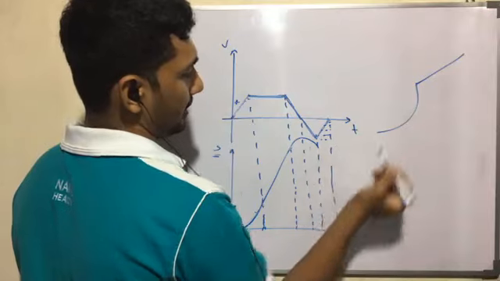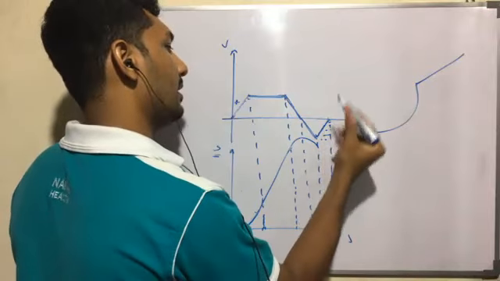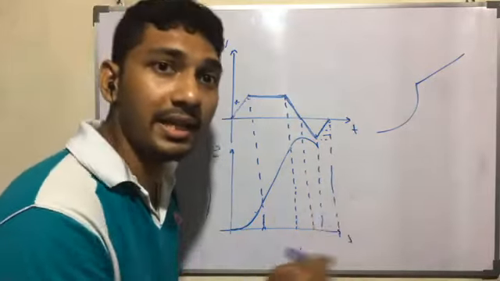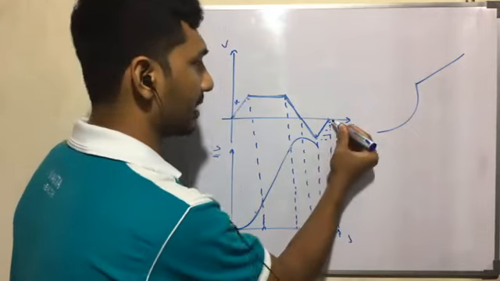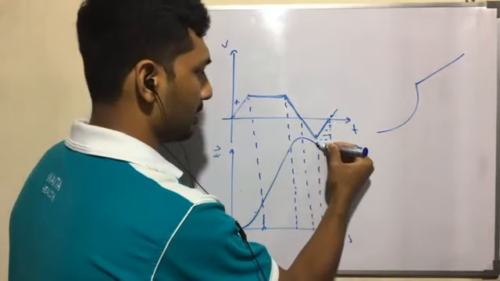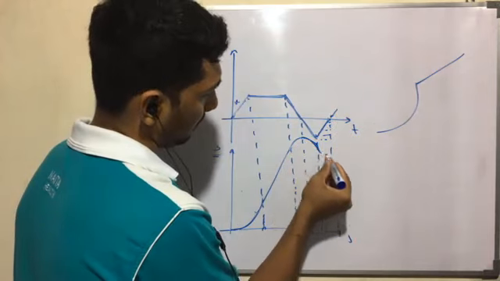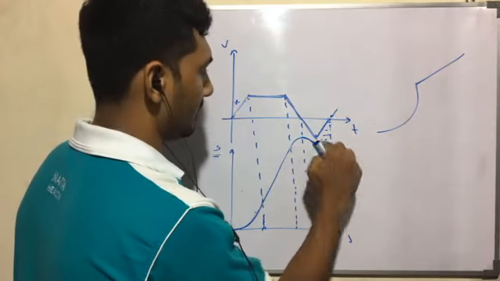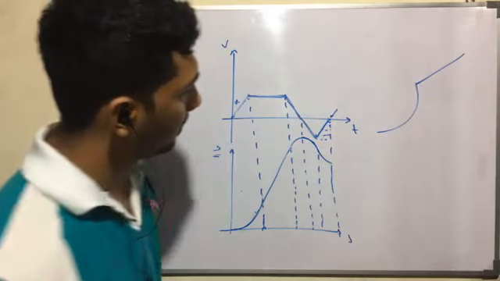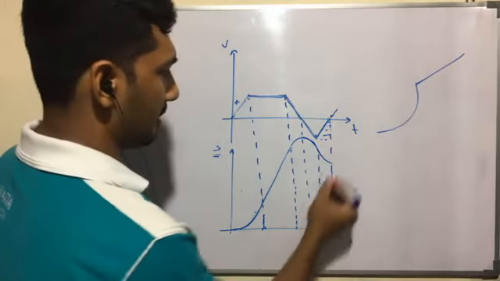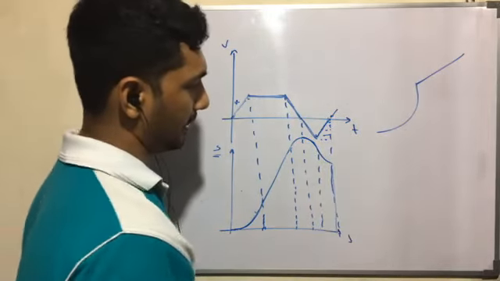Decreasing, right? The velocity on the negative side is decreasing. So the gradient on the negative side should decrease and it becomes 0 here. So you decrease it like this. Okay. Got it? So you finish the graph here.